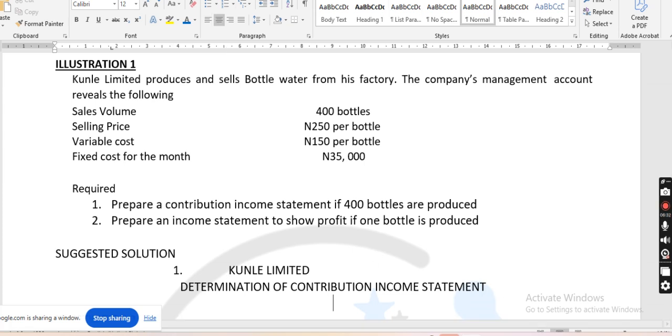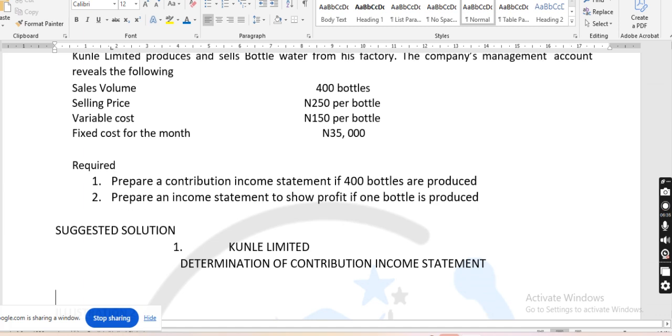If that is established, we go and check our sales.